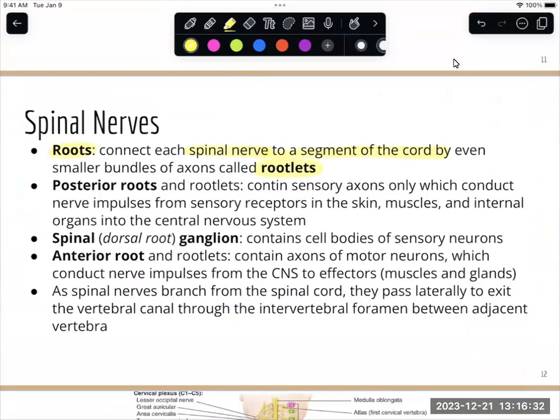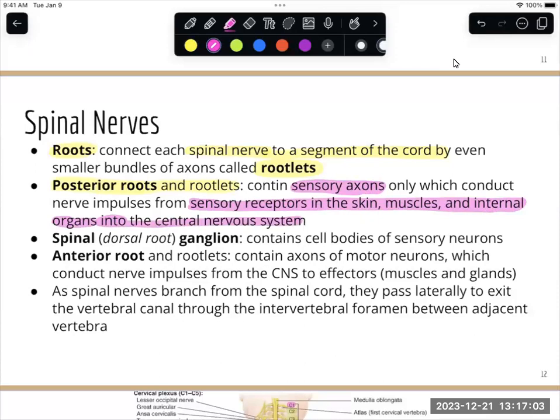We have posterior roots and rootlets. Posterior is carrying sensory. So this is information coming into the spinal cord. This information is coming from sensory receptors in the skin, muscles, and organs, and it goes into the spinal cord.